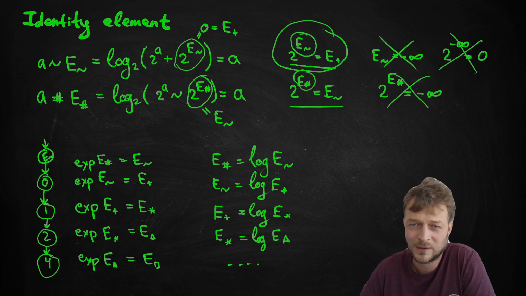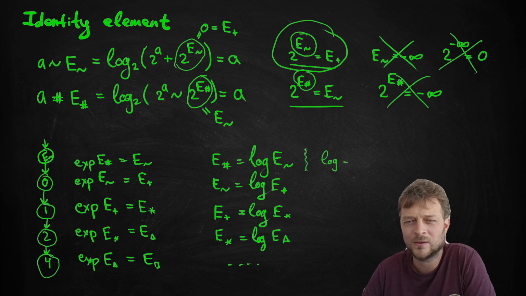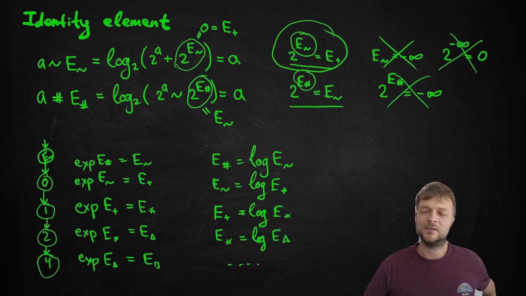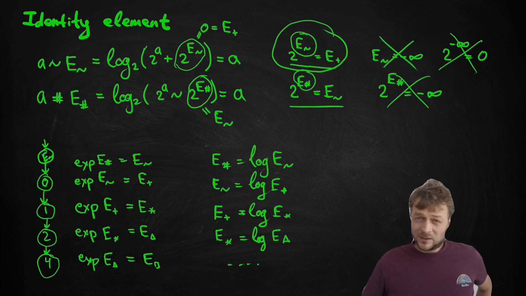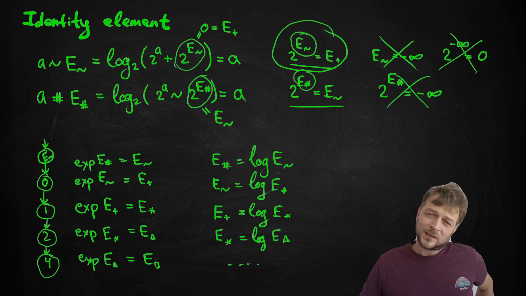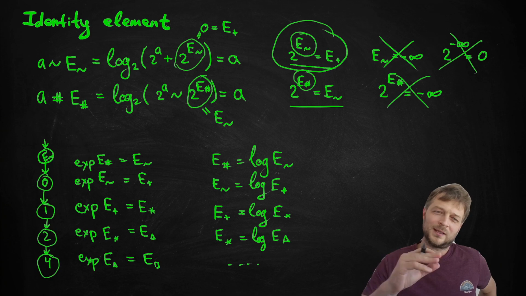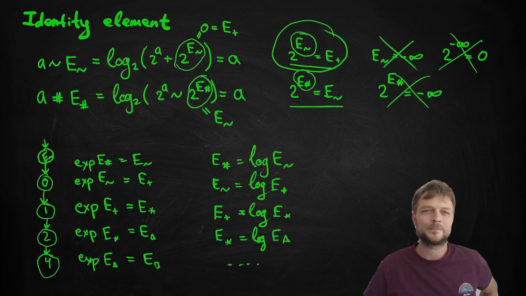So here we would need to take logarithm of minus infinity kind of to make this work, but we rejected this classical meaning for minus infinity for now. So these are the identity elements, and we can map them from space to space with log and exp functions.